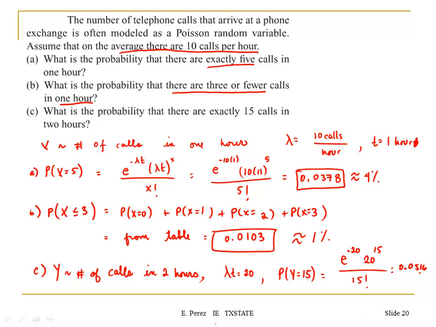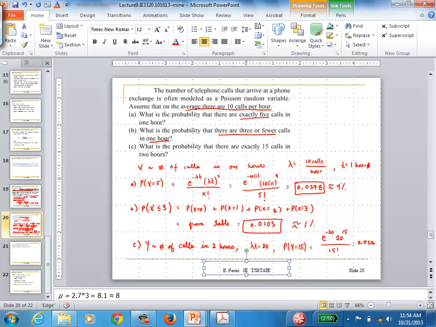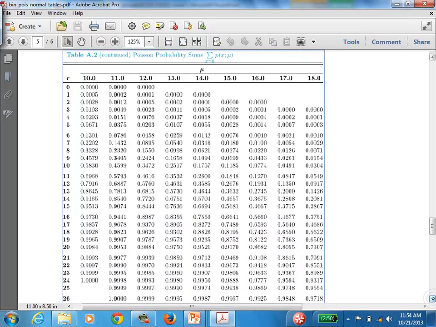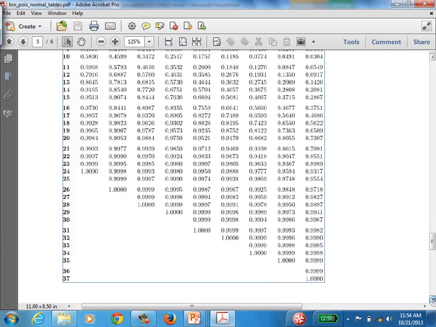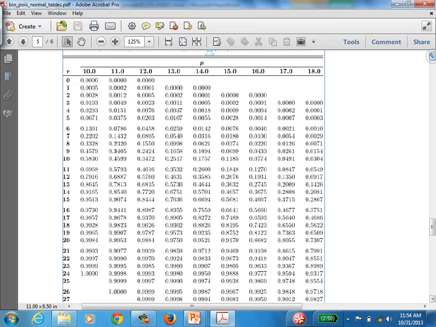Now instead of looking at mu equals 10, we have to look at mu equals 20. And we don't have that table. Yeah, we have until 18.